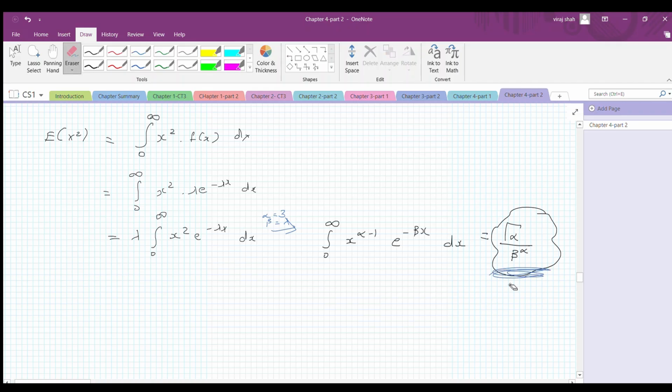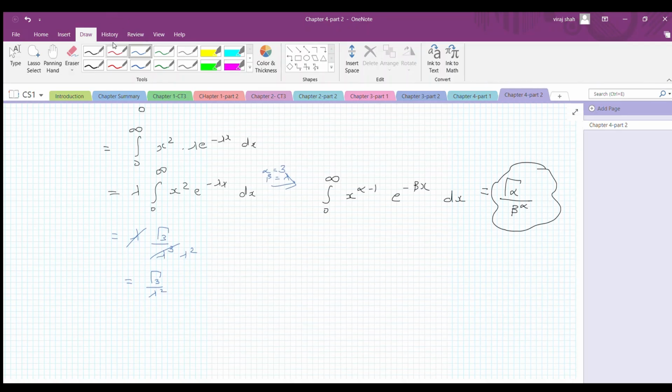Comparing, now I can use this formula. So let me just substitute it. It would be nothing but lambda gamma of alpha upon beta raised to alpha. What is alpha? Alpha is 3. What is beta? Beta is lambda raised to alpha. What is alpha? Again 3. I can cut this and make lambda square. So I'm left with gamma of 3 upon lambda square. Going ahead, what is gamma of A? It is nothing but A minus 1 factorial.